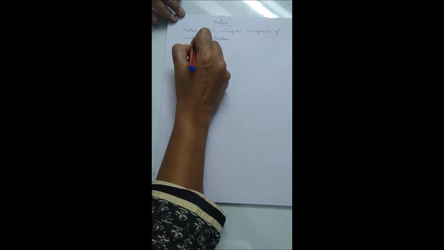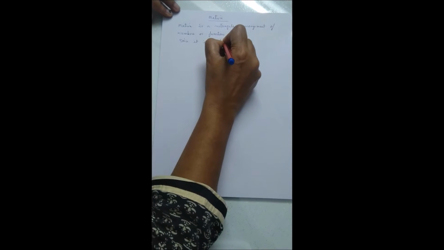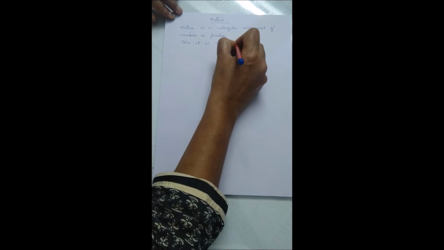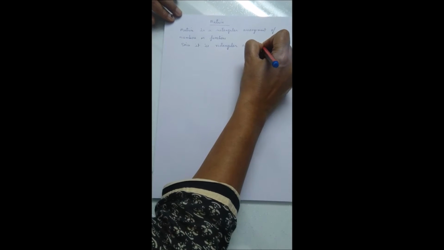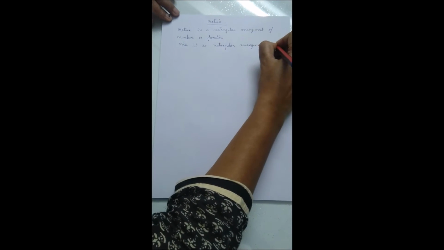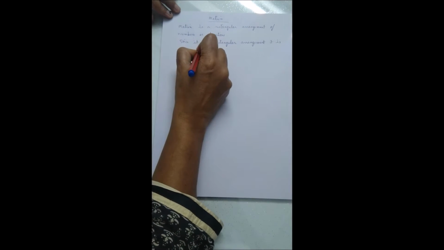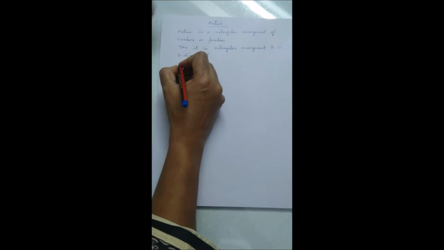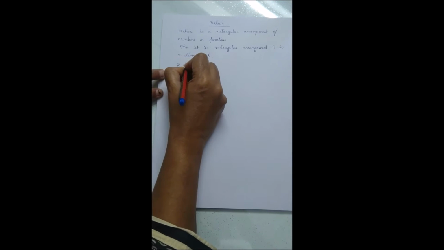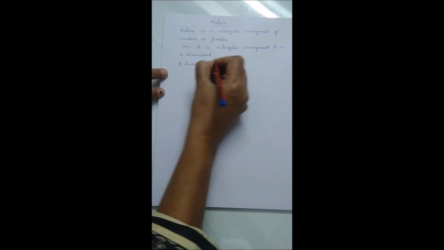Since it is a rectangular arrangement, it is two-dimensional. Now, what is a two-dimensional matrix?